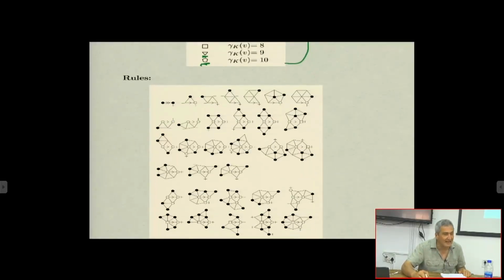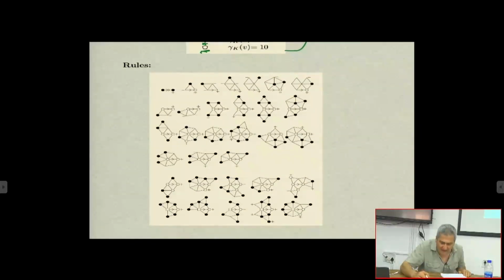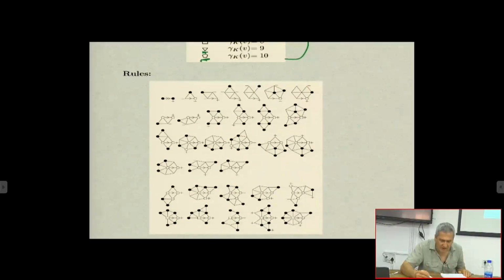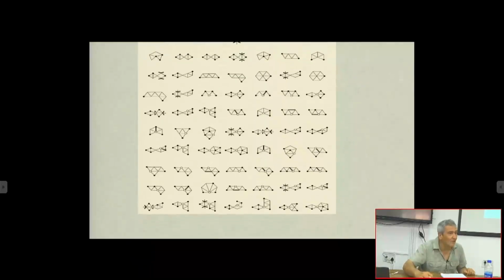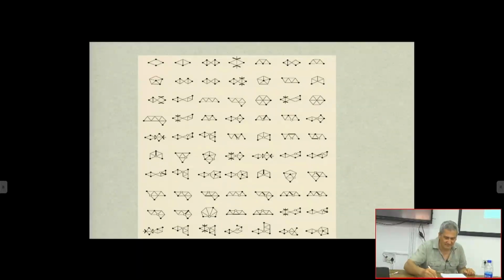You can count 1, 2, 3, 4, 5, maybe 30 rules, 36 rules or something. So they use all these 36 rules in the graph to prove that this set of configurations is unavoidable.